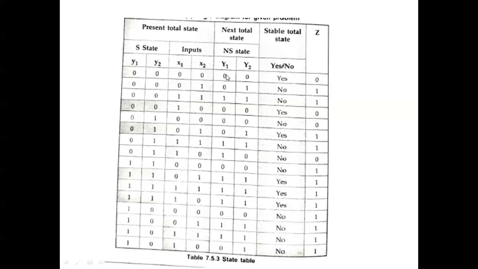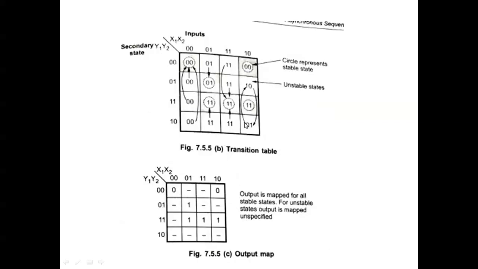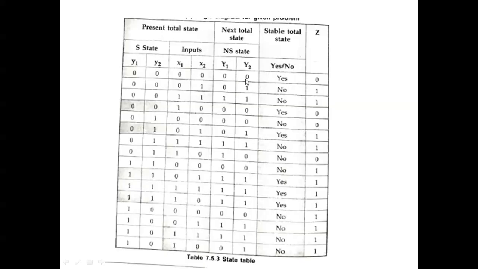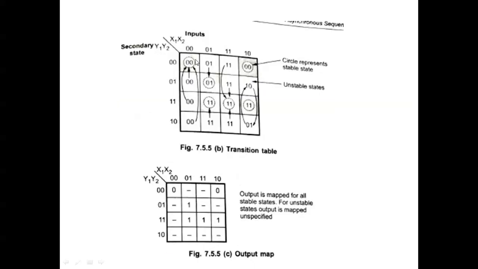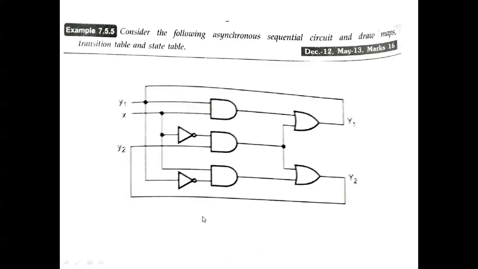Based on y1 and y2, you have to draw the map, like a K map, using 0 0, 0 1, 1 0, 1 1, 0 to 15. Then for 0 0, the same value is there, just put the circle. For 0 1, if it is the same value, put the circle. For 1 1, put the same value. So the circled ones represent stable, otherwise unstable. Wherever a circle is not there, put a hyphen. This is our output map.